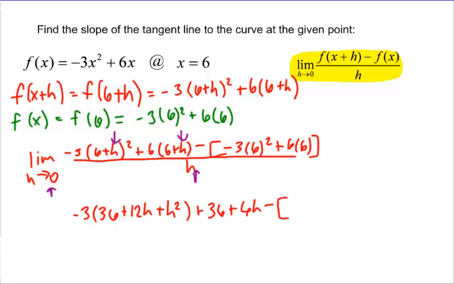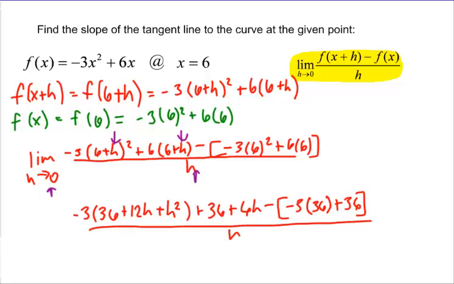minus negative 3 times 36 plus 36 all over h. And all I did was FOIL and set the problem up for further work.